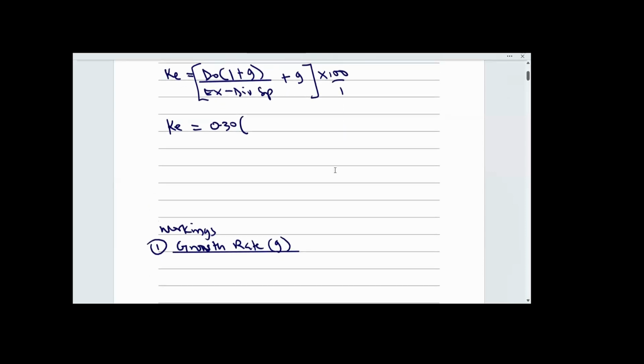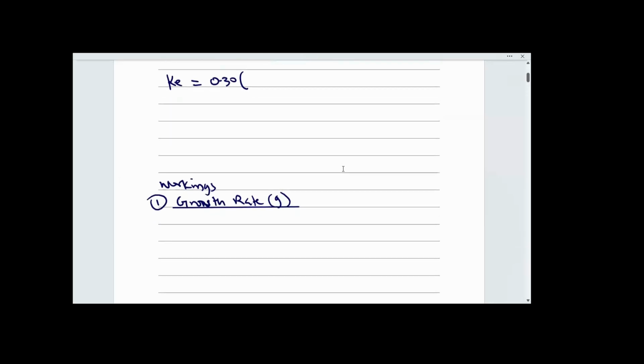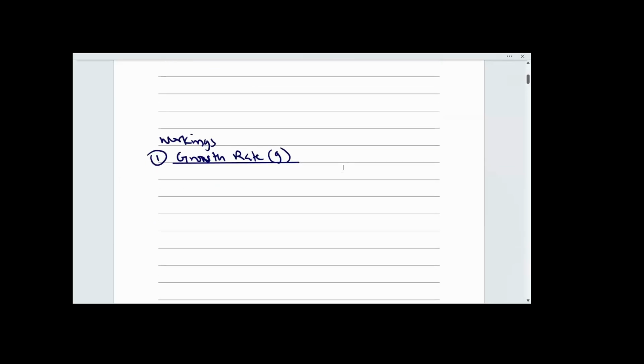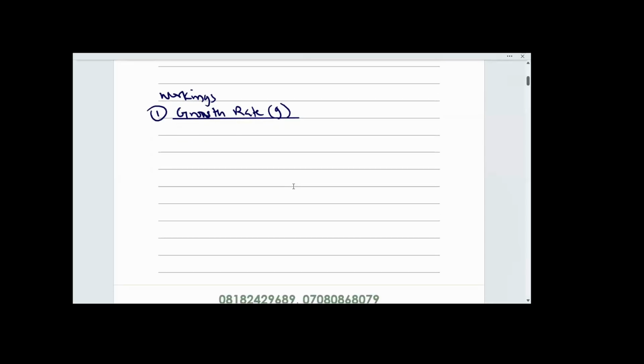I told you when I was explaining that the historical pattern of dividend payments should be used to calculate growth rates where the history of dividend paid is given. So in this case, the examiner has given you the history of dividend paid from 2007 up to 2012. So in that case, you are supposed to use the averaging method or historical pattern of dividend payment.